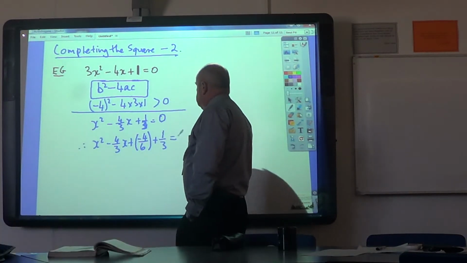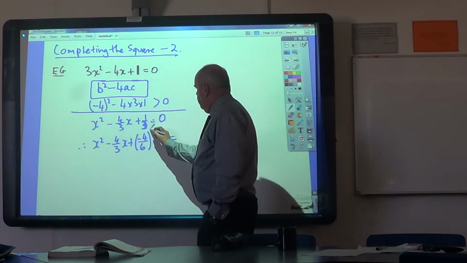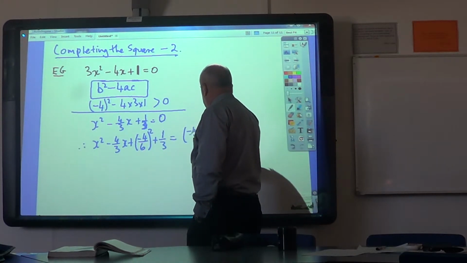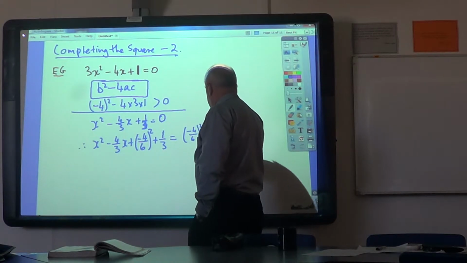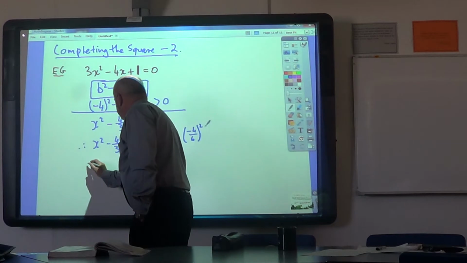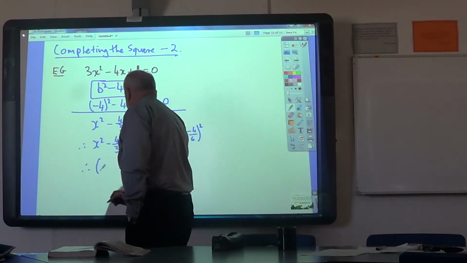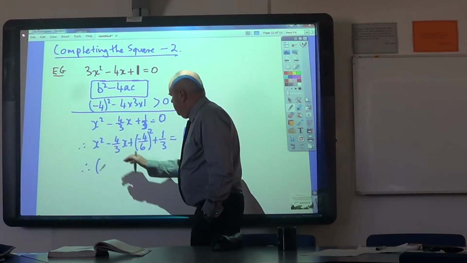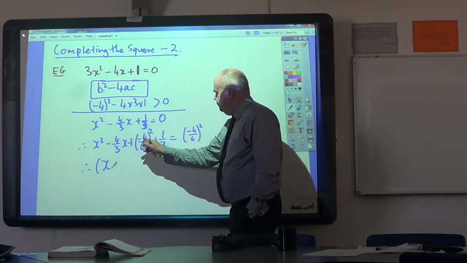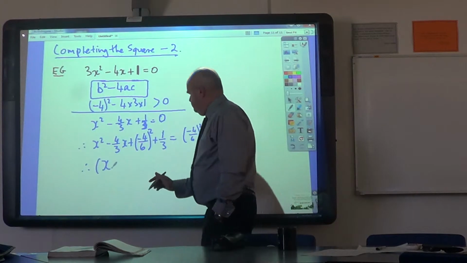Now what I do to one side, I must do to the other, and that is add my negative 4 times 6 all squared. So, proceeding, we get a perfect square form in here, and it is x. Can we agree that that is equal to negative 2/3? Yes.